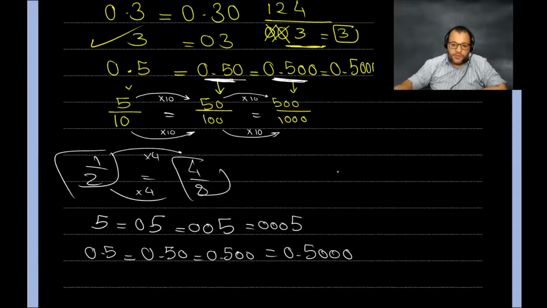Abdurrahman, what is the problem? Mr., I didn't understand how it's 0.5. It should be like 5 over 10. It should be 5. How 5 over 10? It should be 0.5, and 50 should be 0.50.